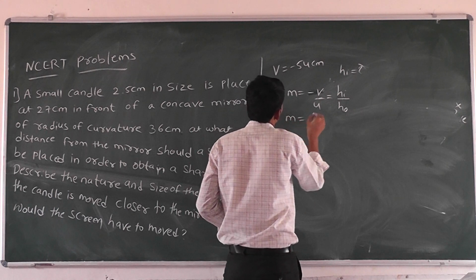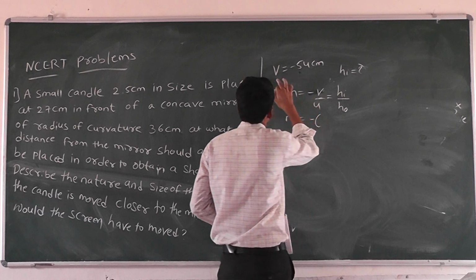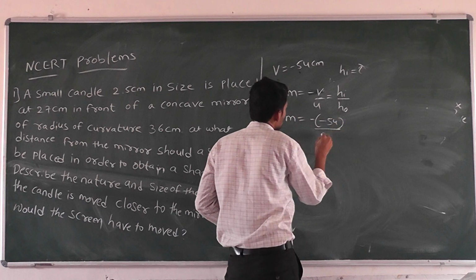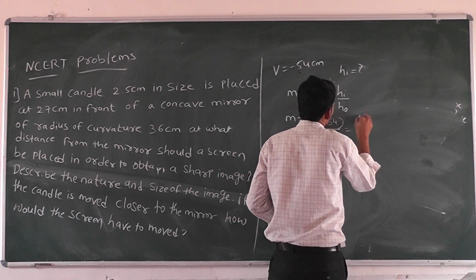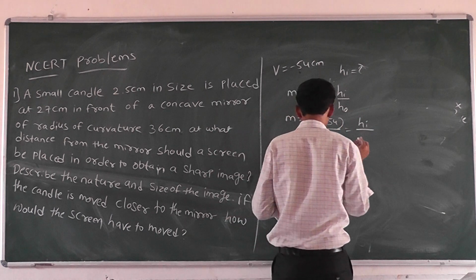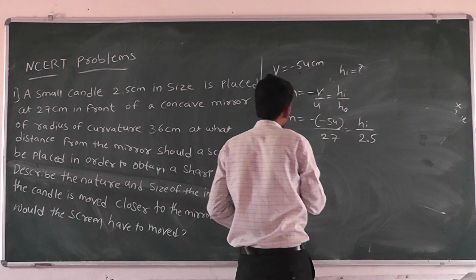What is the v value? The image distance is minus 54. The object distance is minus 27. The height of the image we don't know, and the height of the object is 2.5 centimeter.